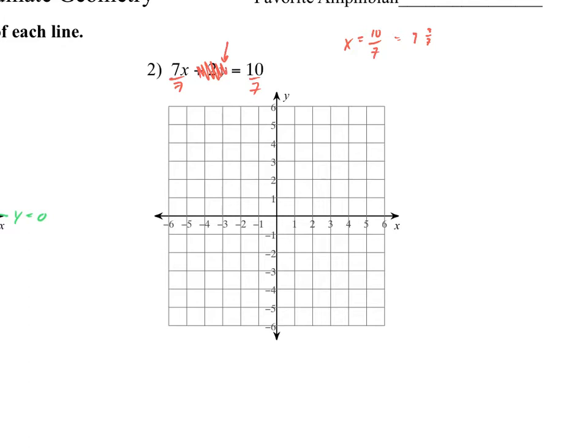So it's 1 and a little bit. So it should be like there, right? And then if we do the same thing for the other side, when x is 0, it'll be on the y-axis. So divide by 2, and y should be 5. Draw your line. Done.